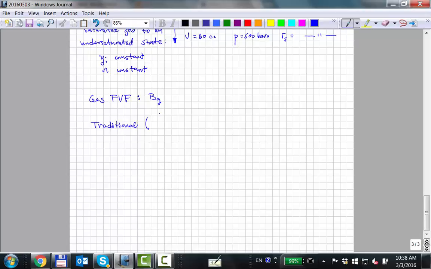The traditional Bg is given by this equation. You'll find it hundreds upon hundreds of times in books.